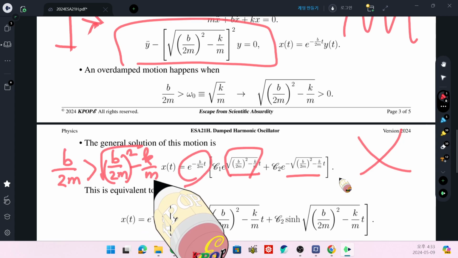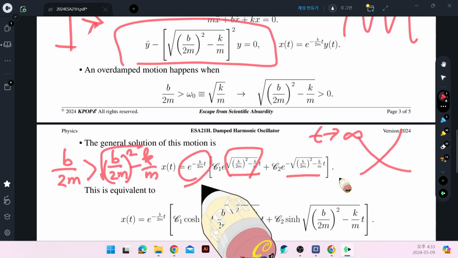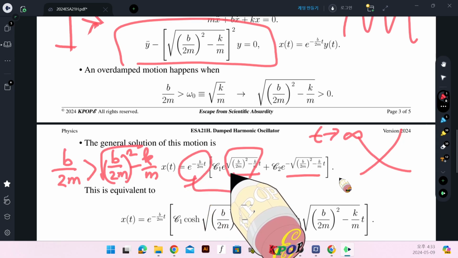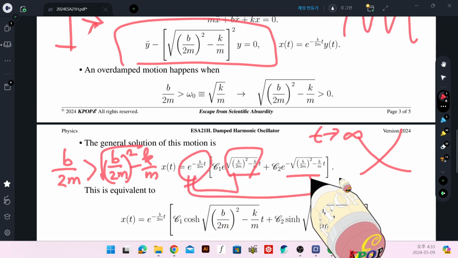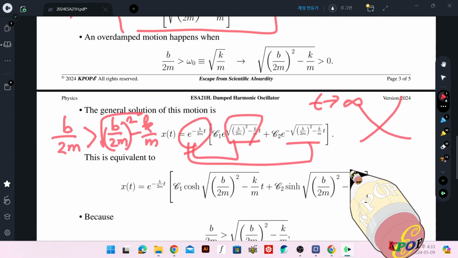Therefore, as t goes to infinity, both of these products of exponential functions decay as time goes by.